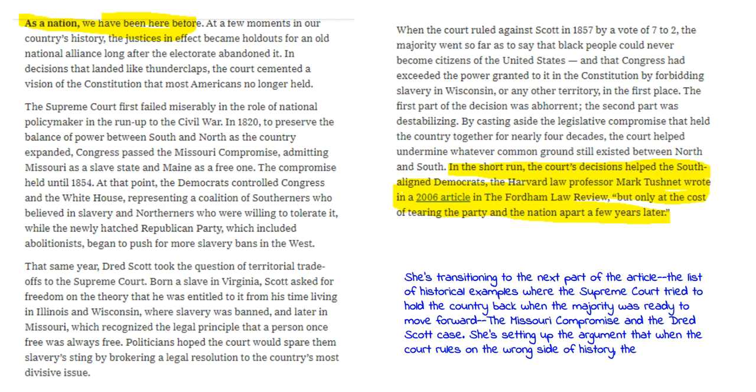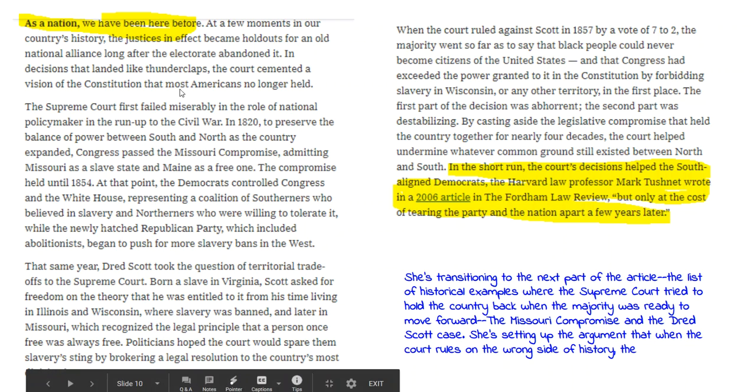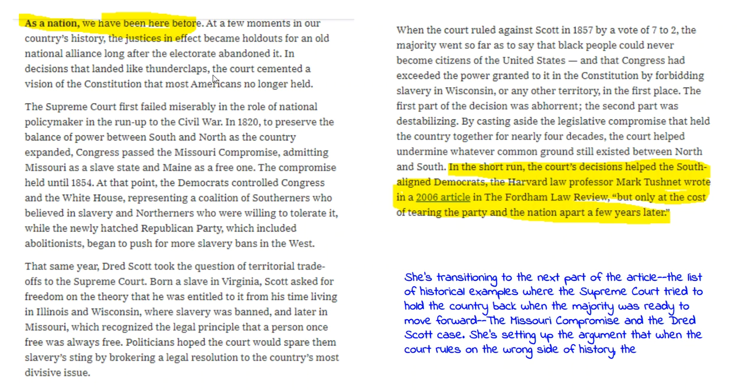And in her view, the Supreme Court was actually on the wrong side of history. See, I didn't mark this, but look at that language. Decisions that landed like thunderclaps. The court cemented a vision of the Constitution that most Americans no longer held. Now, she's not pulling any punches or trying to be at all objective there.